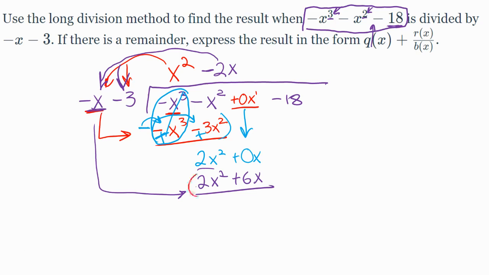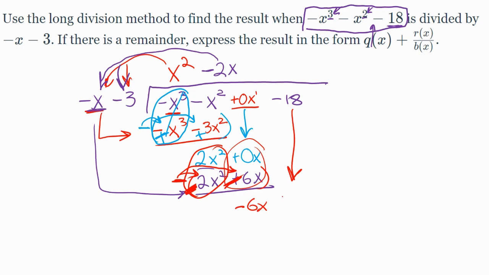Then the algorithm is you got to subtract that quantity, also known as distributing the negative sign. So that's going to be a negative 2x squared and a negative 6x. Hopefully my ominously large minus sign emphasizes it's subtraction here. So I subtract that, and then that's a negative 6x and 0, so it's just negative 6x.